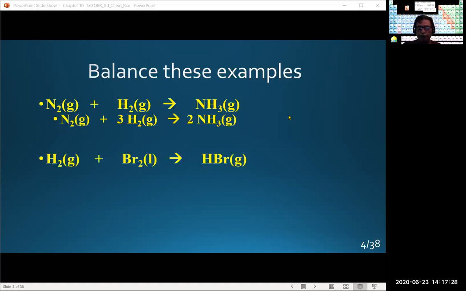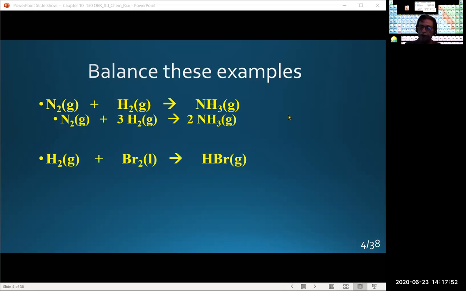All right, we have another one here. This one is hydrogen gas in the presence of bromine gives us hydrobromic acid, HBr. Okay. This one's pretty straightforward now, because I got 2 hydrogens as reactants and 2 bromides as products.